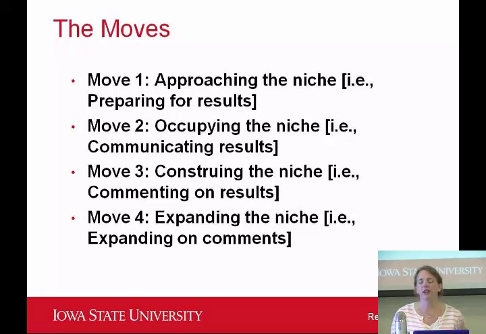Okay, so let's look at the moves within this section. There are 4 moves that you'll need to pay attention to, and we'll discuss the particular steps in the structure of these moves in subsequent lectures. Within the results section, the first move we're going to talk about, and often the first move, but as we've discussed, these moves can occur in different orders, is called approaching the niche.